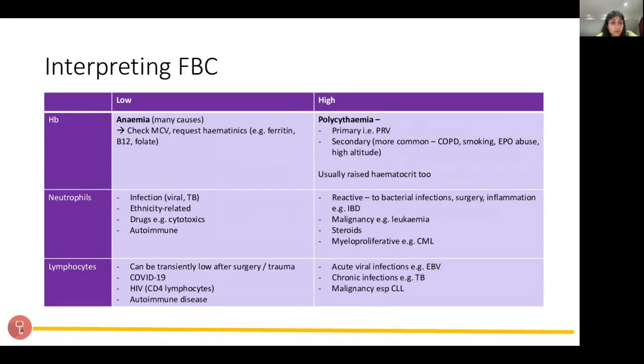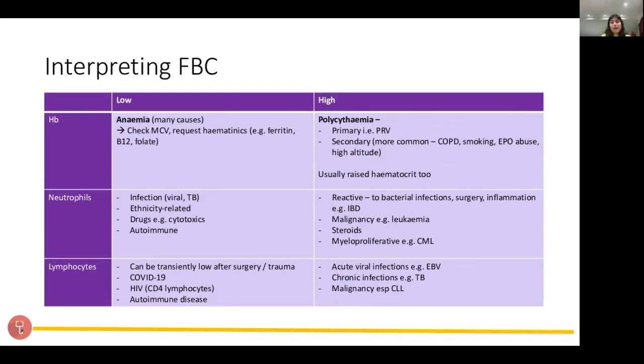So yeah, and then drugs. We already talked about some drugs that can lower our neutrophil counts earlier on, but most chemotherapy regimens also lower your neutrophil counts, and that's why you get neutropenic sepsis, which I have a slide on later as well. So just to be aware, any patient on chemotherapy, always check their neutrophil count, and then obviously some autoimmune conditions as well.